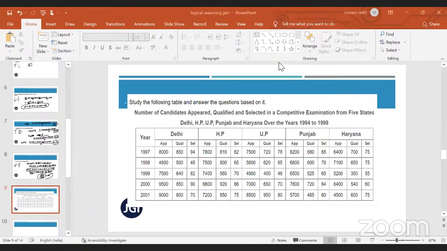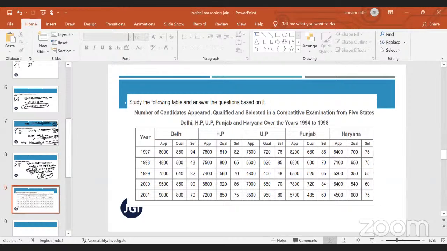So first note it down, take a screenshot or note down the data, everyone.